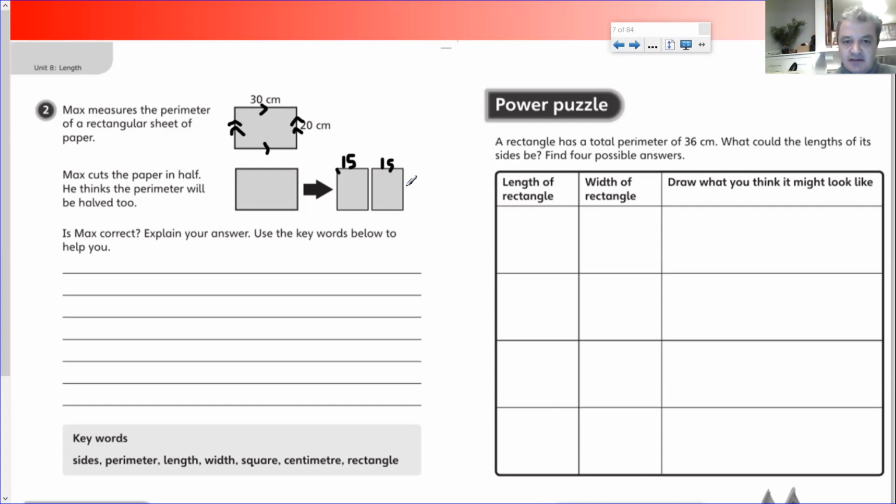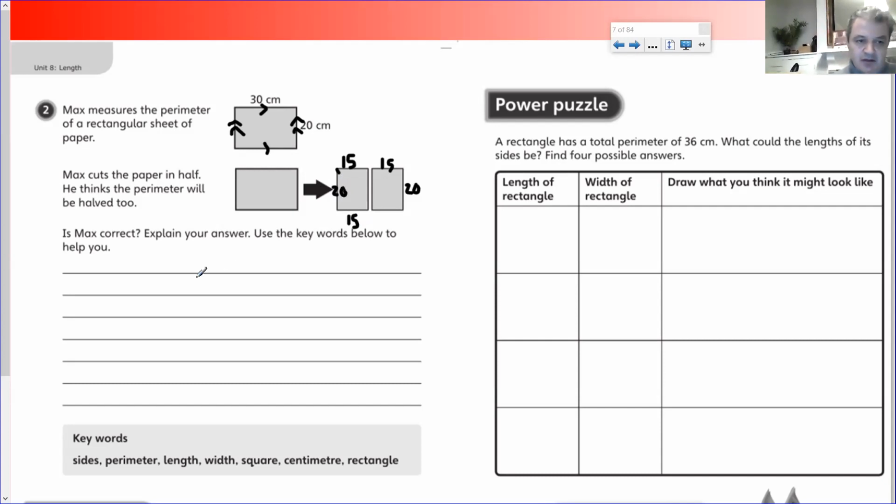And that side stays at 20. Because we know from a rectangle, this side is the same as this side, it's going to be 50. And this side is going to be 20. We have not cut that part of the rectangle.